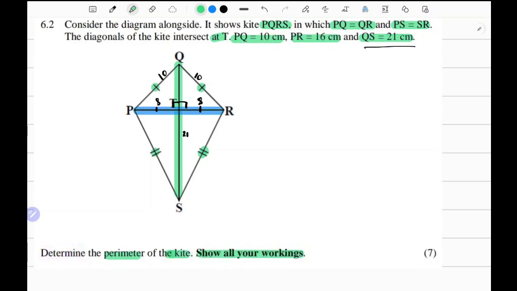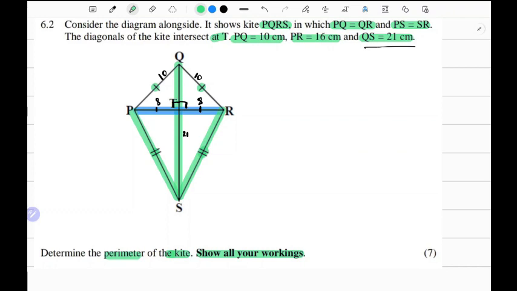So the perimeter is the total distance on the outside of the kite. So our objective would be to find the unknown sides. We need to find RS, the side here, and we need to find PS, that side there.